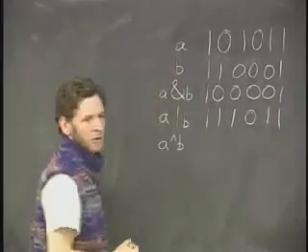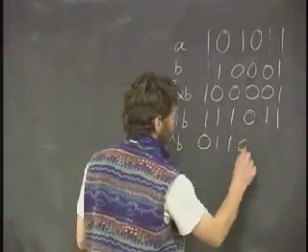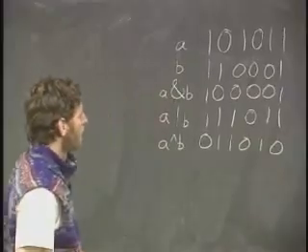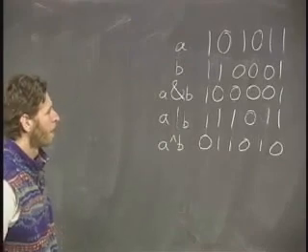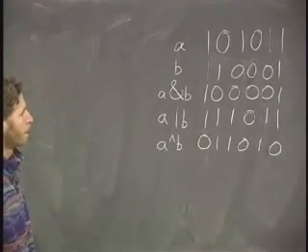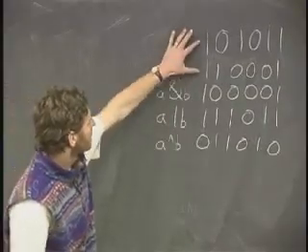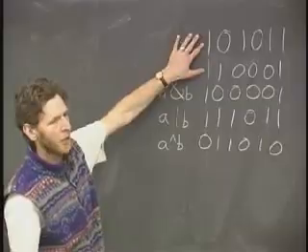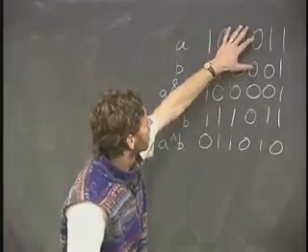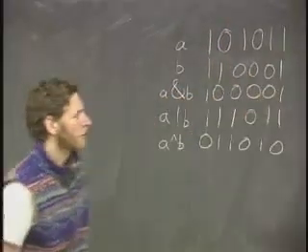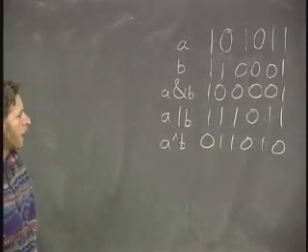Who wants to read off what A exclusive OR B would be? 0, 1, 1, 0, 1, 0. Looks good. The first one is 0 because these are both true, so that's not an exclusive OR. For the next two, exactly one of them is true. Both false, and exactly one of them is true again. So this is A exclusive OR B.